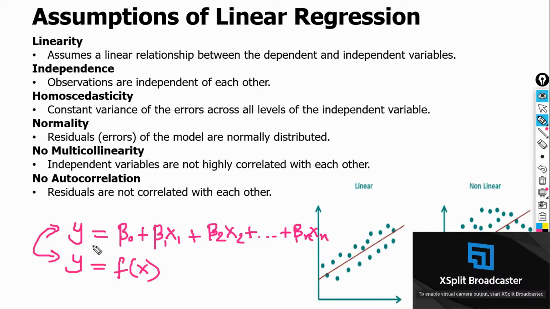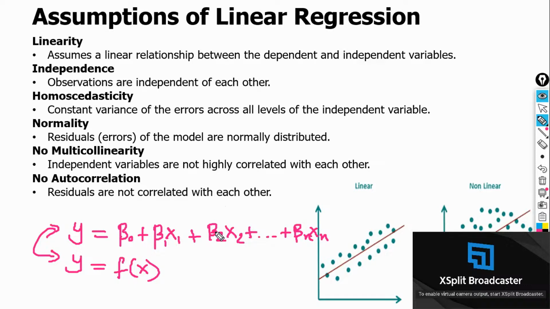So how many inputs? What are the independent variables? X1, X2, X3, so on, Xn. What is the dependent variable? Y. What is the y-intercept? Beta naught. So the rest of them are slopes.